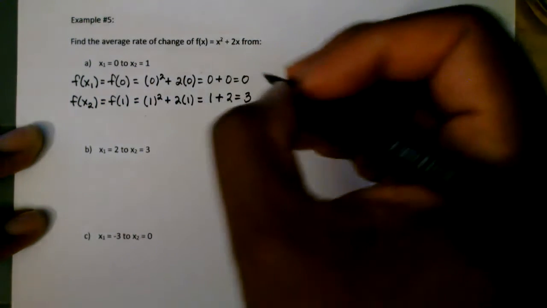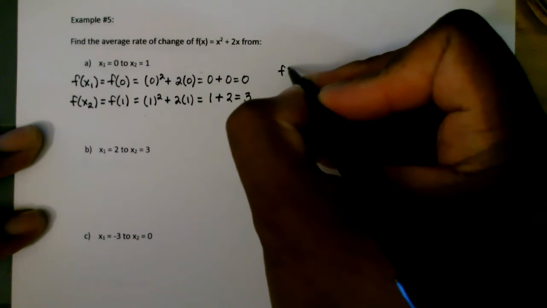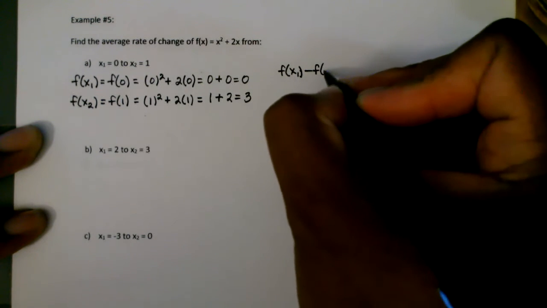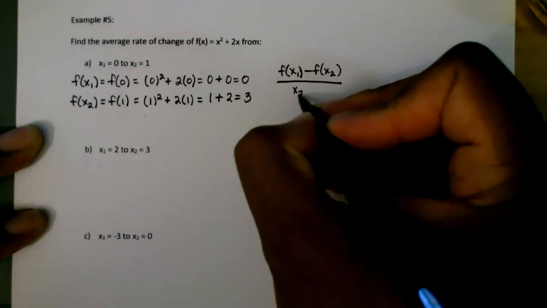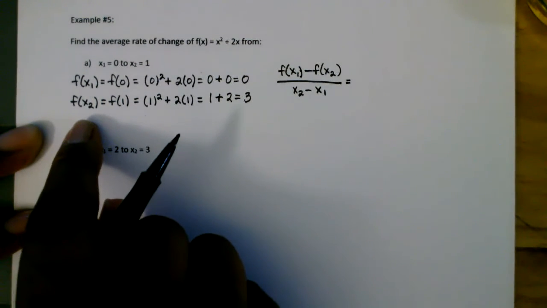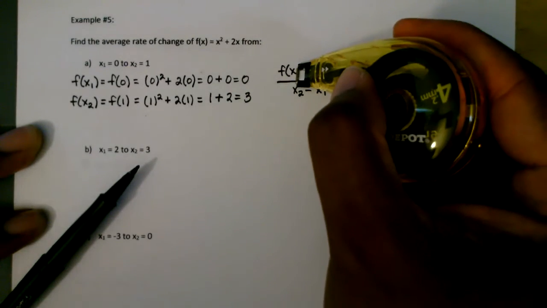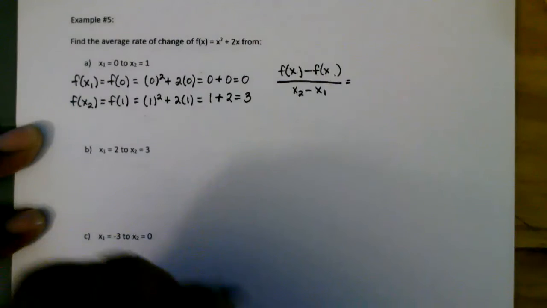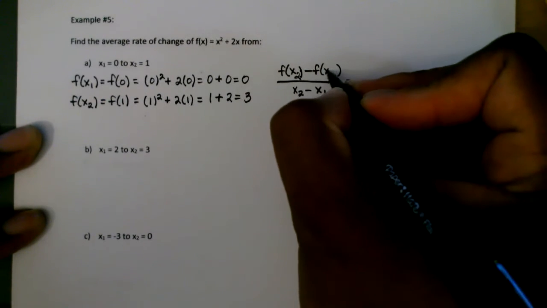Now we're going to be using the average rate of change, which is, of course, f of x2 minus f of x1 divided by x2 minus x1. I'm sorry, this should be f of x2 first, because the y's have to correspond.